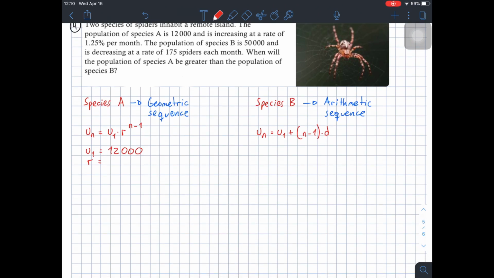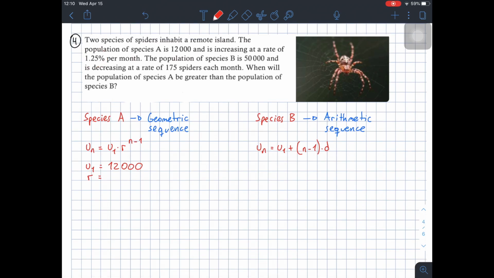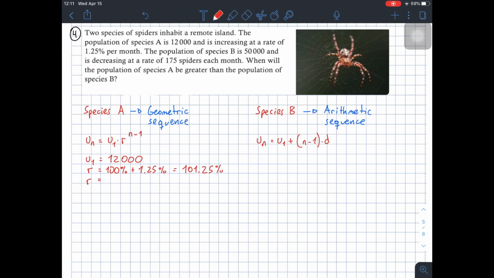If we're going to use this formula, the common ratio should be 100% plus 1.25%, which gives us 101.25%. And if we write this in decimal by dividing it by 100, this gives us 101.25 divided by 100, which is 1.0125. This is the value of r in the first case.